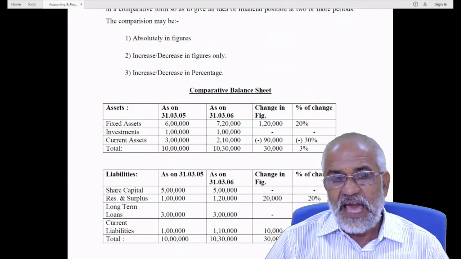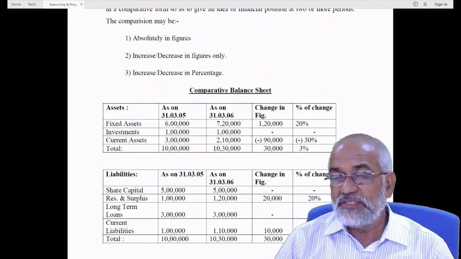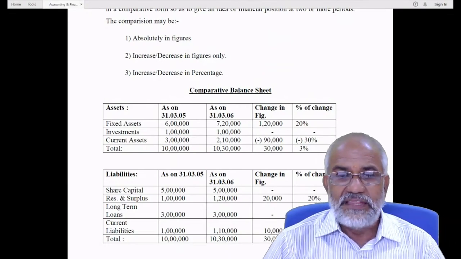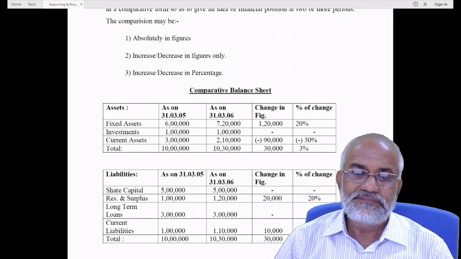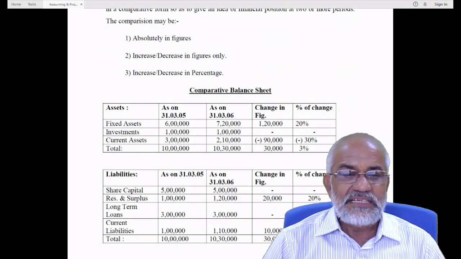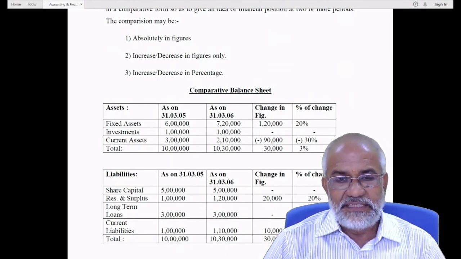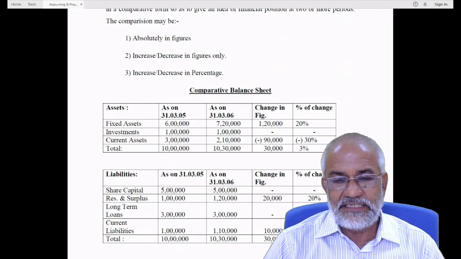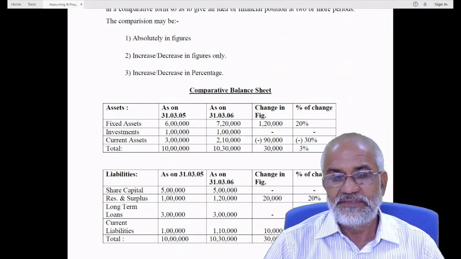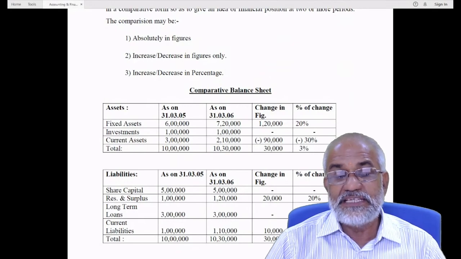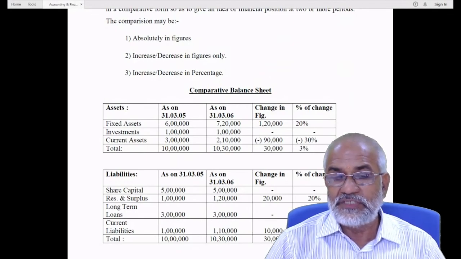And the figures are given for 31st March 2005, the first year, and the next year is 31st March 2006. For the first year, the fixed assets are 6 lakhs. And for the next year, as on 31st March 2006, it is 7,20,000. So the increase in figure is 1,20,000.